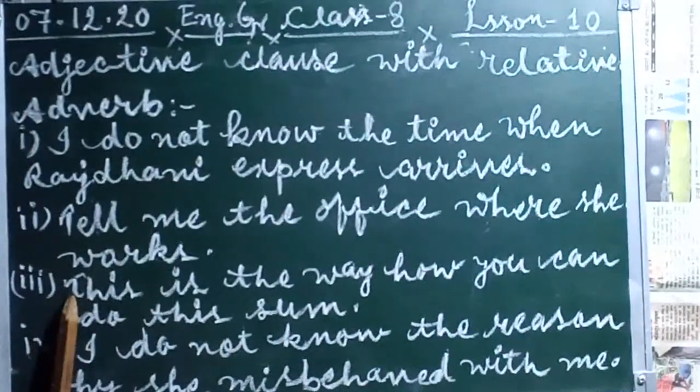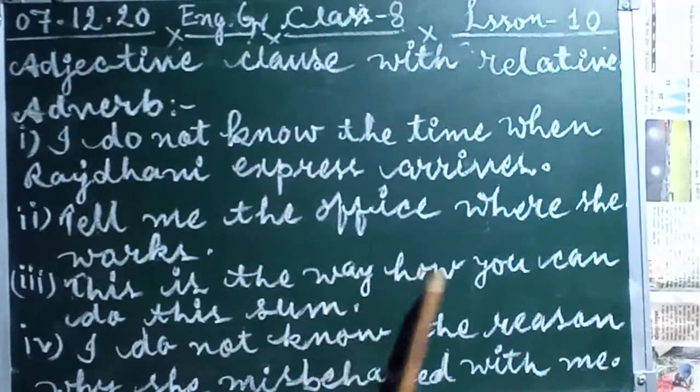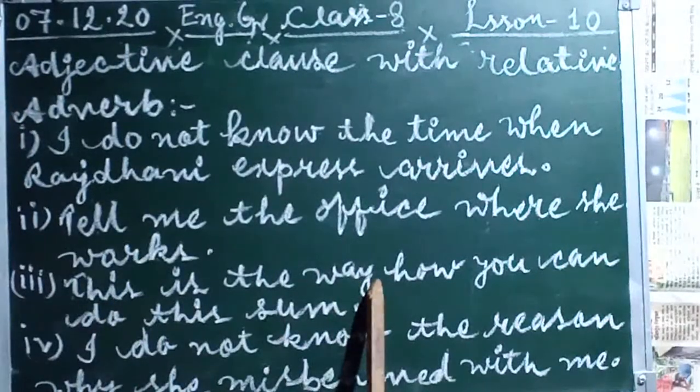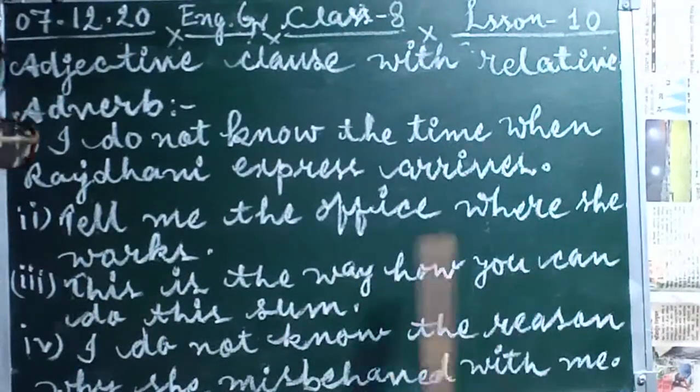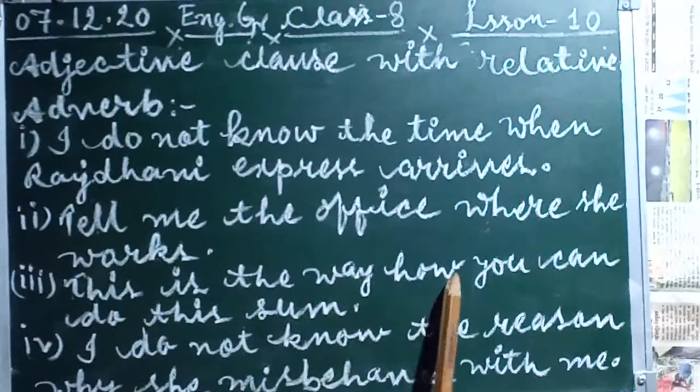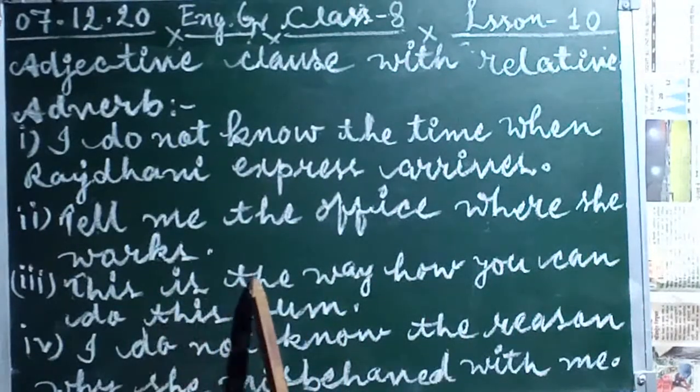Next is here: this is the way how you can do this sum. This is the way is one part, and how you can do this sum is the other. This is the main clause, and this is the independent clause.